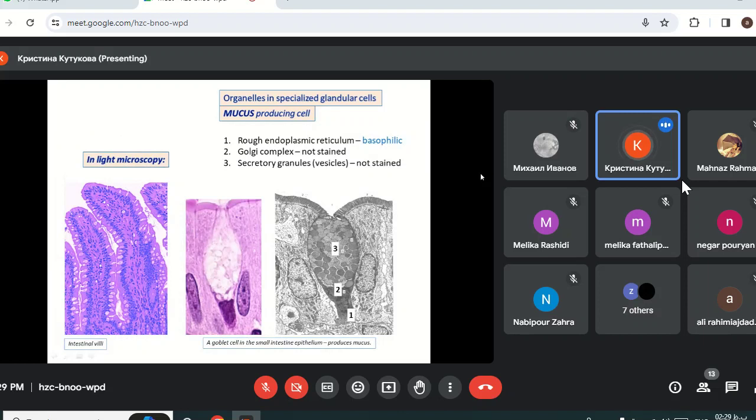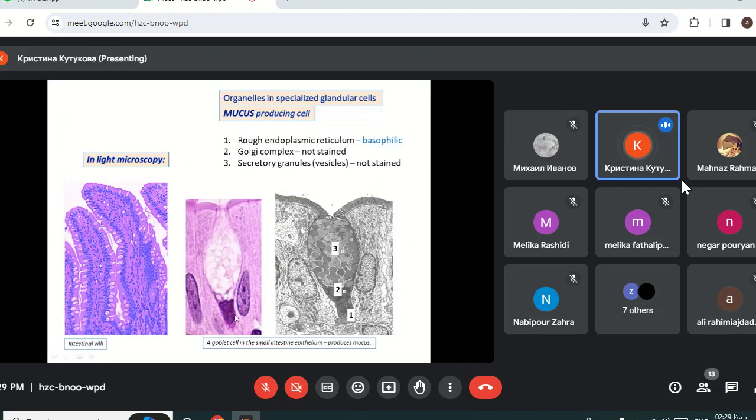In light microscopy, how will the cell look? Rough endoplasmic reticulum is stained basophilic. So, electronogram, and light microscopy stained with hematoxylin and eosin. This is a goblet cell. This is its nucleus.